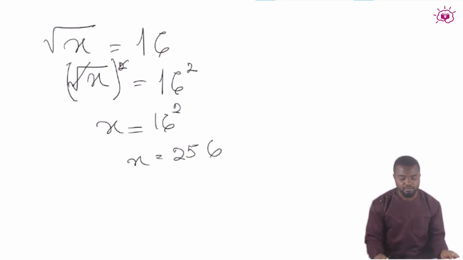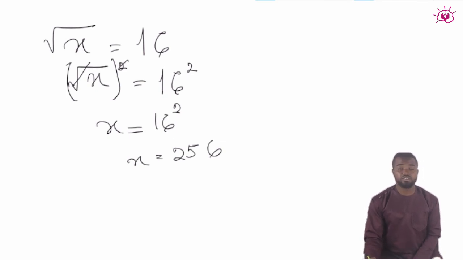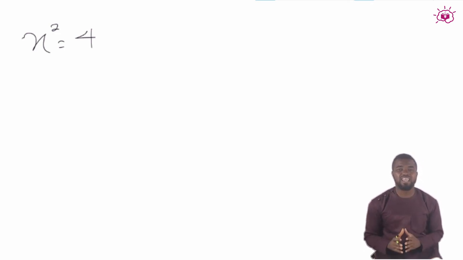The third method will be the power reciprocal multiplication. In this case, if you have x squared equal to 4, the basic thing to do here is the fact that we want to find x, and so the thing to do is to try and reduce the square in the x to 1.